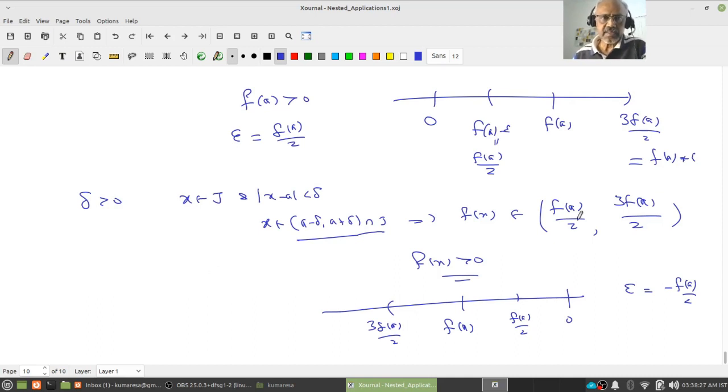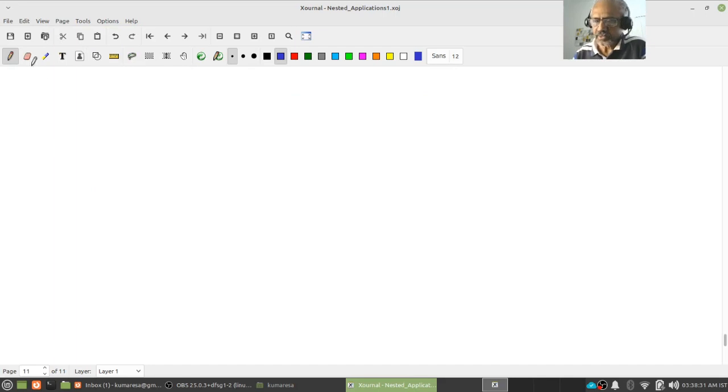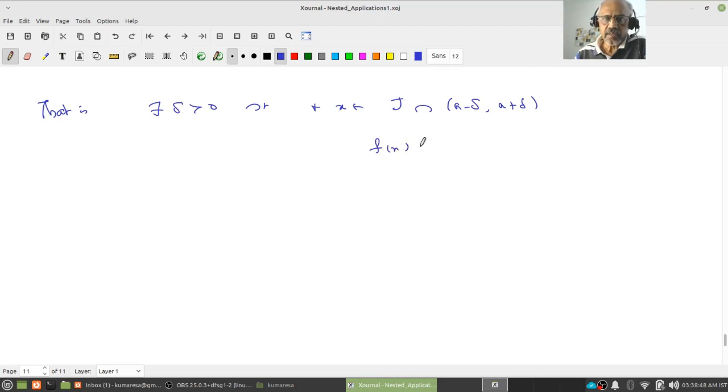Let us summarize. Thus we have shown that there exists a delta, so that for all x in J intersect A minus delta to A plus delta, F of x is positive, assuming F of A is positive.